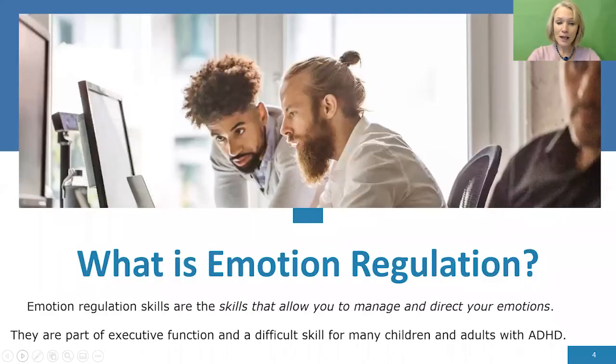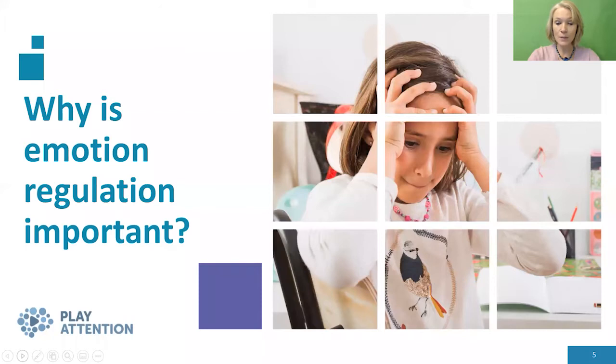So emotion regulation, what is it? Emotion regulation skills are the skills that allow you to manage and direct your emotions. They're part of executive function, and these are skills that are often difficult for individuals with attention difficulties. And we really need to understand this management and understanding of our emotions.